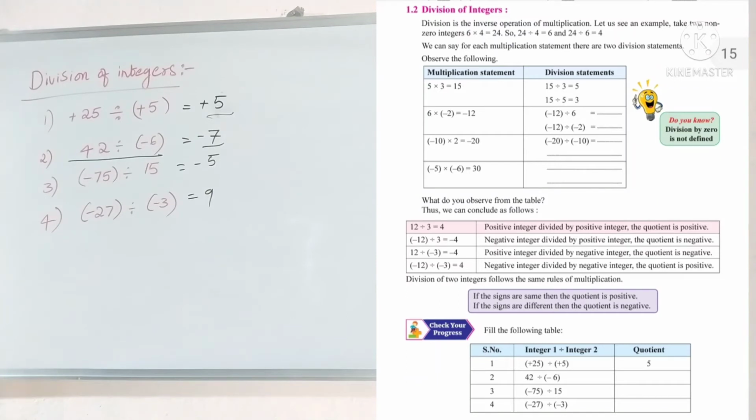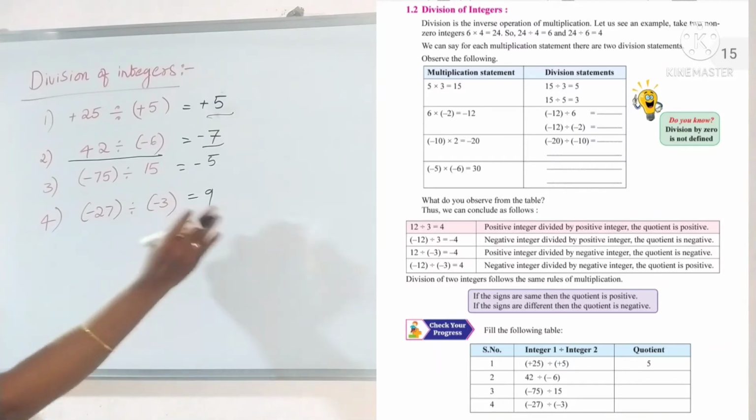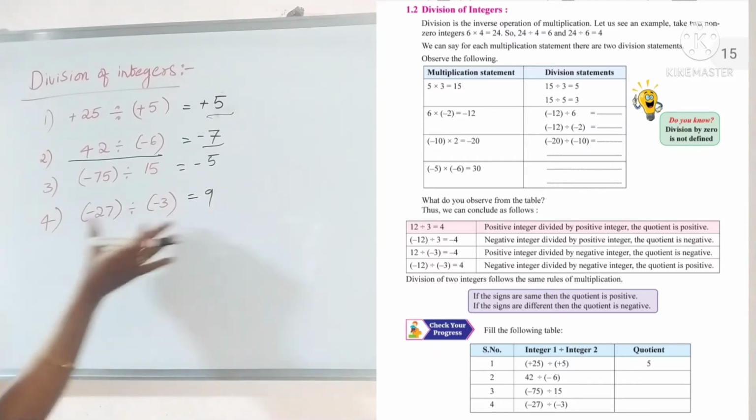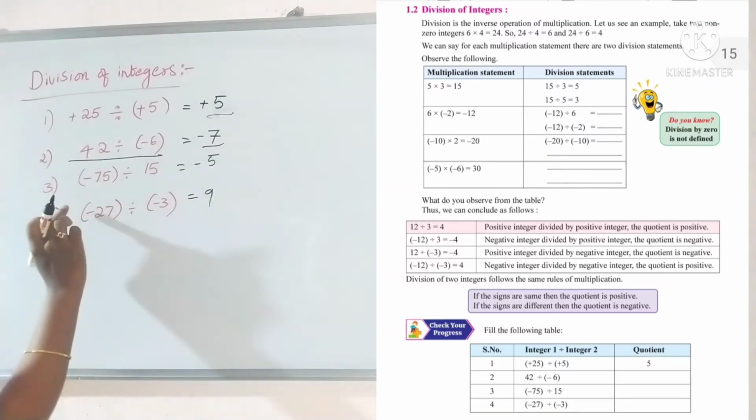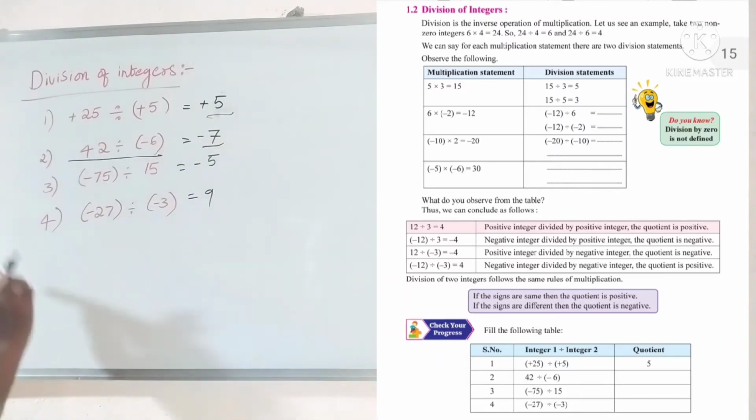Same as in multiplication. If both the integers in the division have the same symbol, then the result will be positive, whether these are minus or plus. If both have different symbols, one is minus and another one is plus, then the quotient will be negative. So now we will see exercise 1.2 problems.